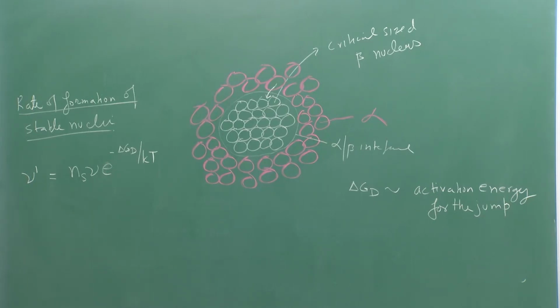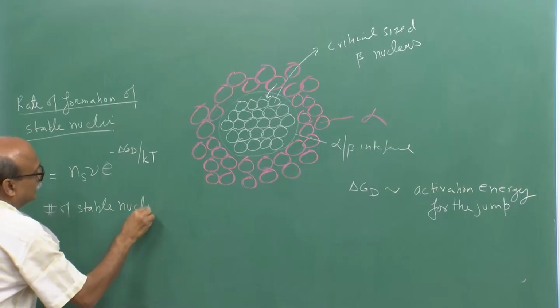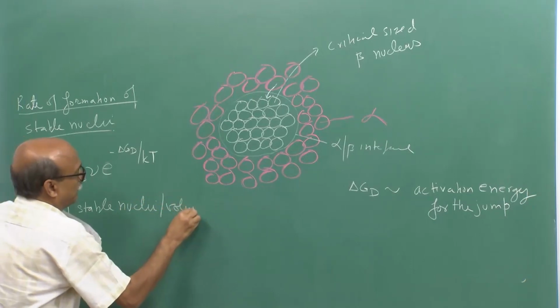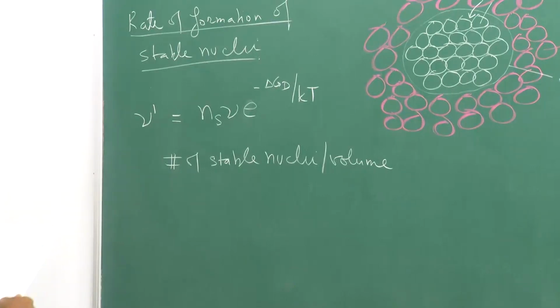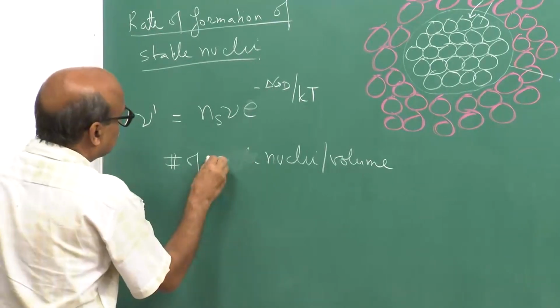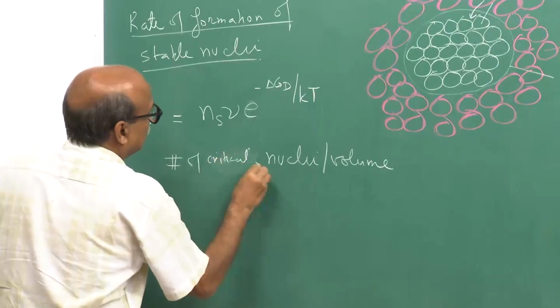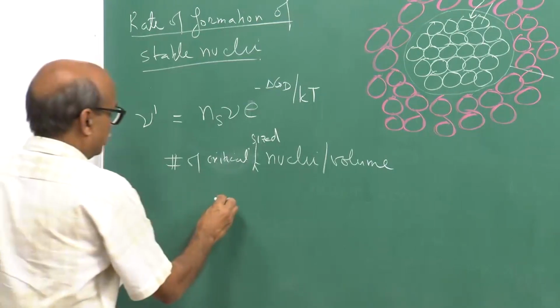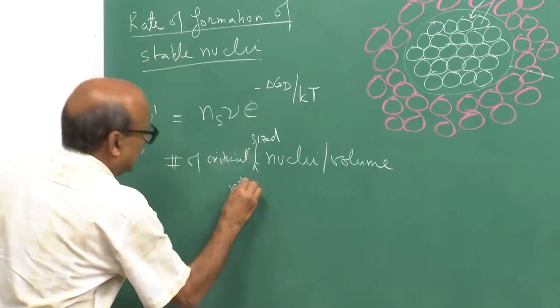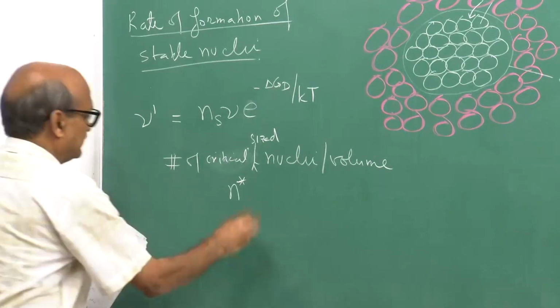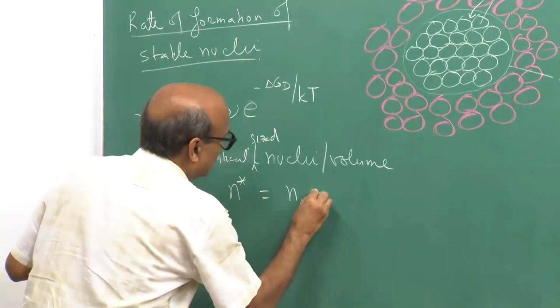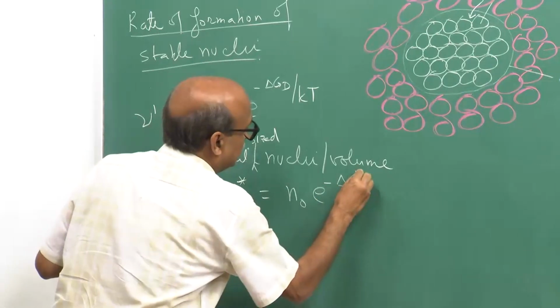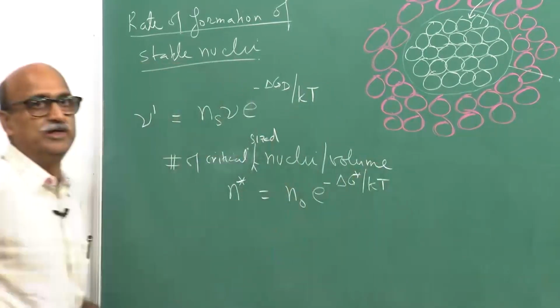Now, the number of critical sized nuclei per unit volume would be given by n star, and that is equal to n0 e to power minus delta G star divided by kT.